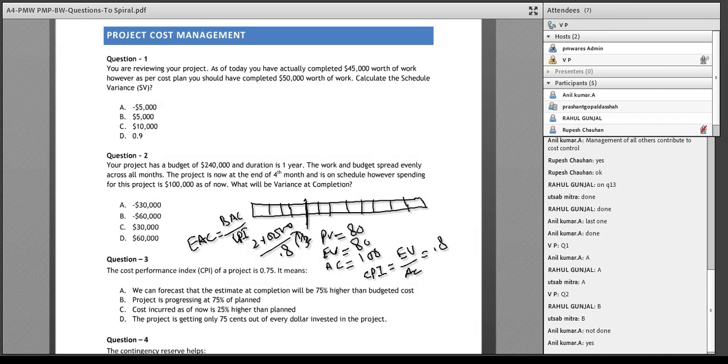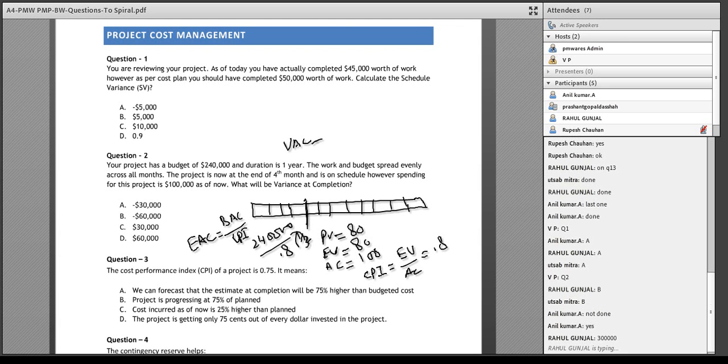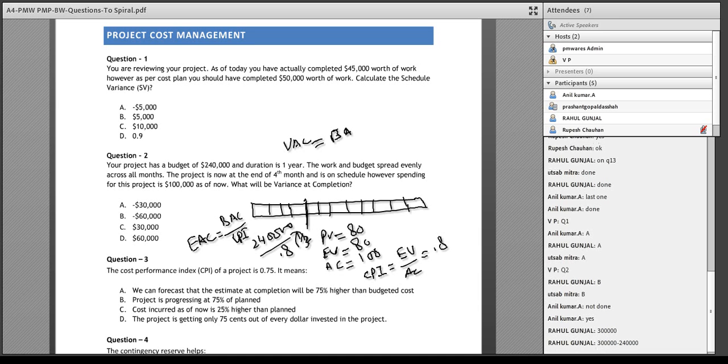How much will it become? It will become 300,000. So VAC is BAC minus EAC, so 240,000 minus 300,000 is equal to minus 60,000.